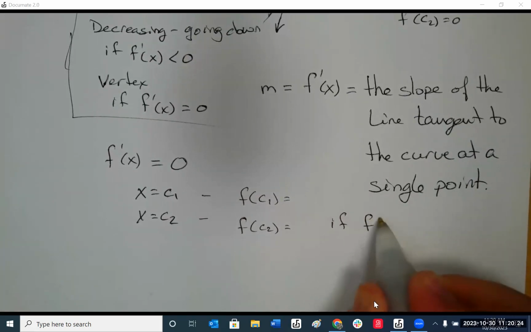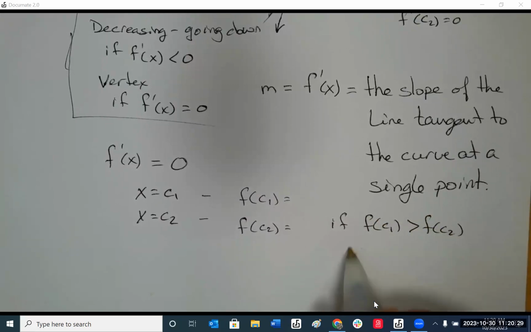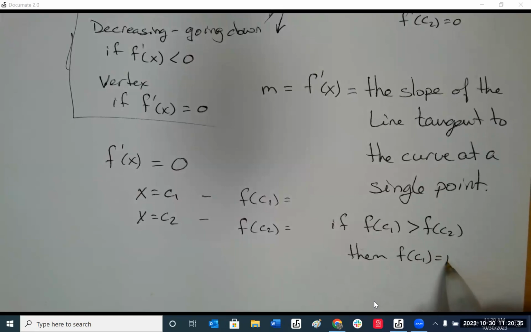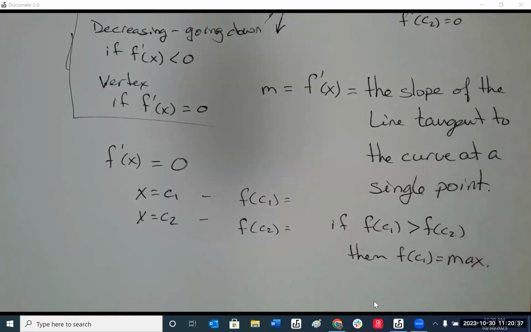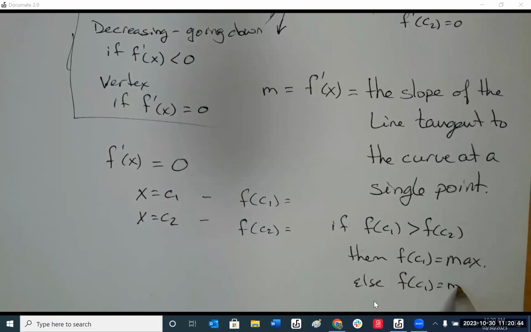If f of C1 is greater than f of C2, then f of C1 is the maximum. Else f of C1 is the minimum.